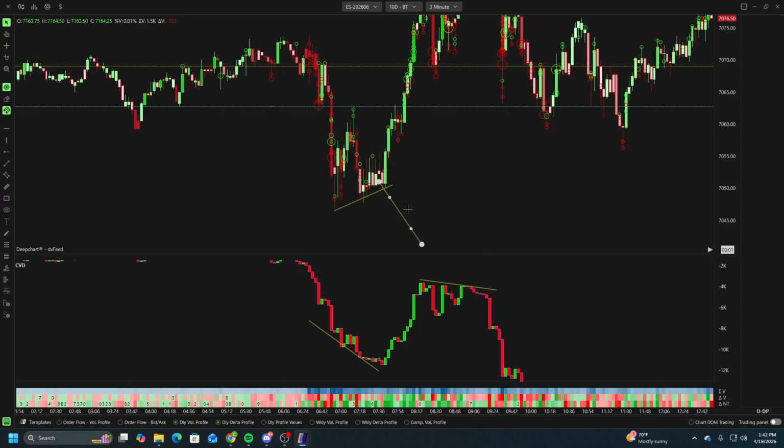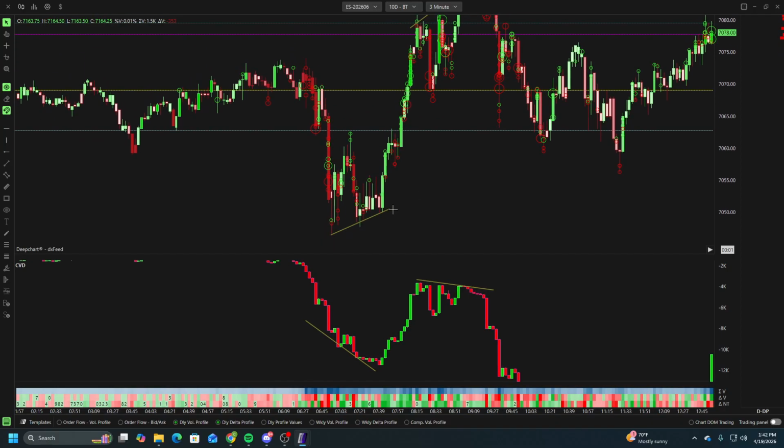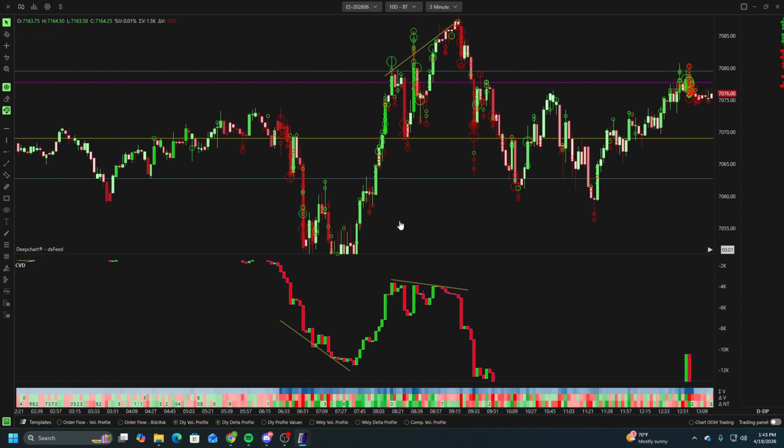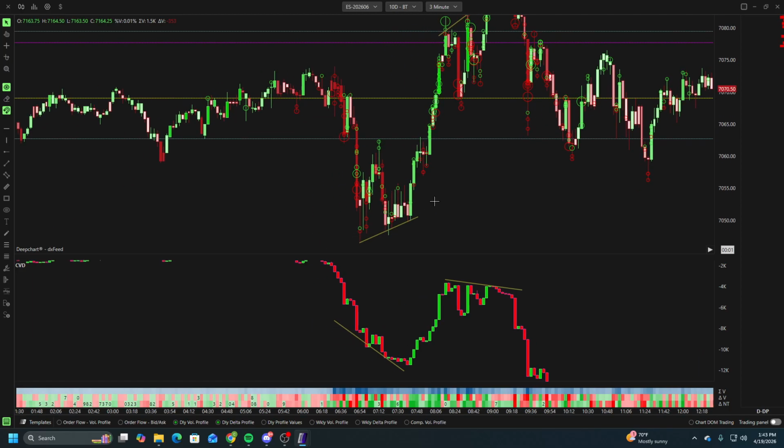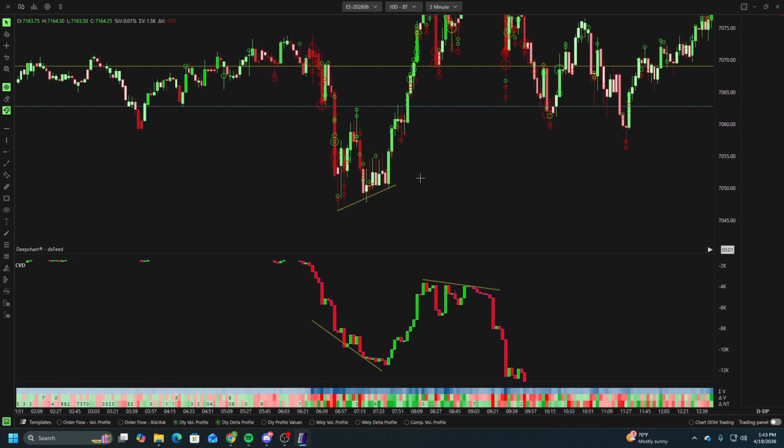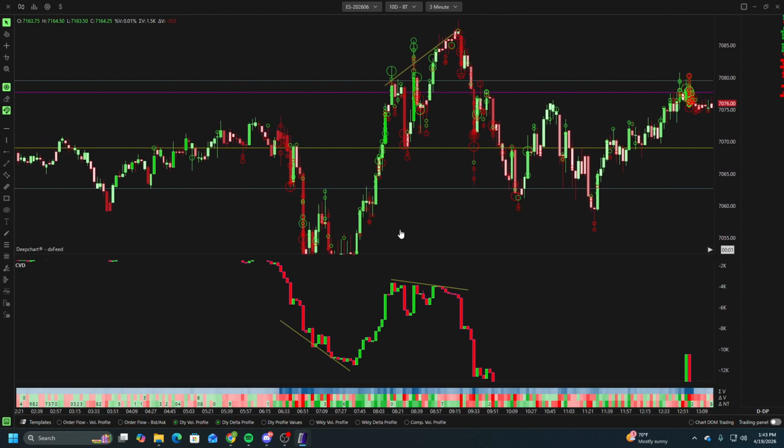Of course it can. But you're not trying to predict it. You're trying to put yourself in a situation where you have a higher probability on your trade, so that the odds are in your favor. Because nothing is a certainty when you're trading, okay?